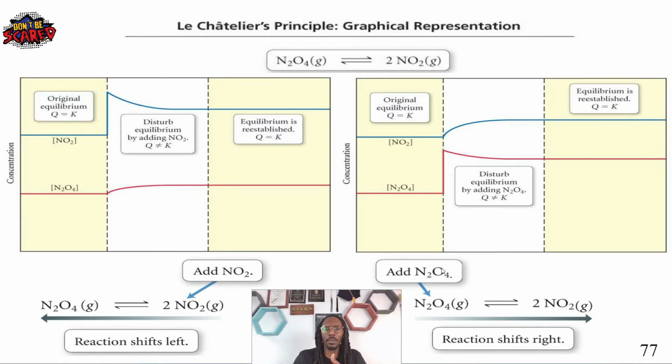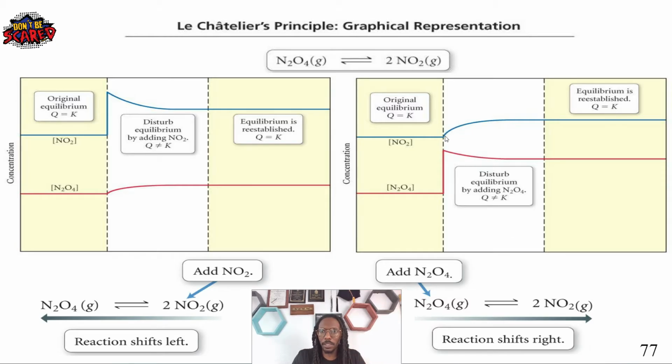Same concept right here, down here. If we look on the other end, if we add our reactant, what's going to happen here? Our concentration will change, so now our equilibrium needs to be reestablished. If you add a reactant, then we need to shift right to make more products.